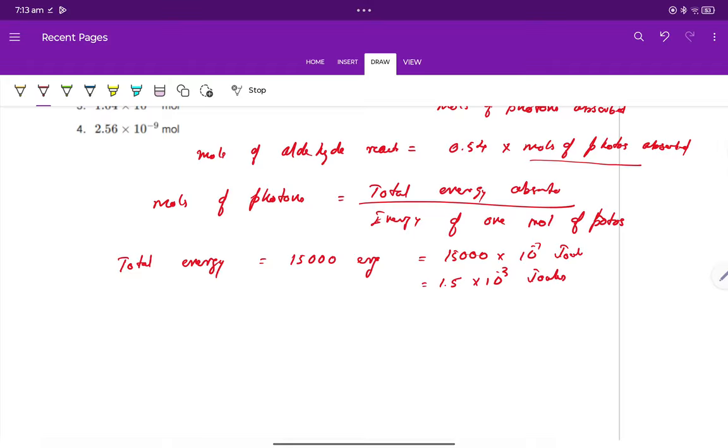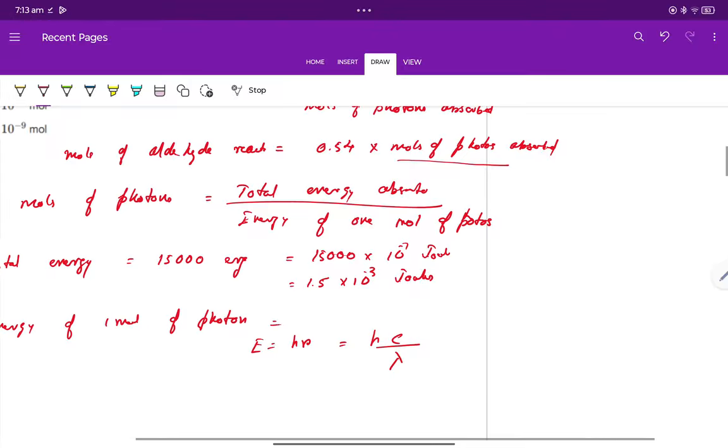Now we have to calculate the denominator, that is the energy of 1 mole of photons. What will be that one? You have to calculate with the Einstein equation, E is equal to h nu, or this can be written as h into c by lambda.